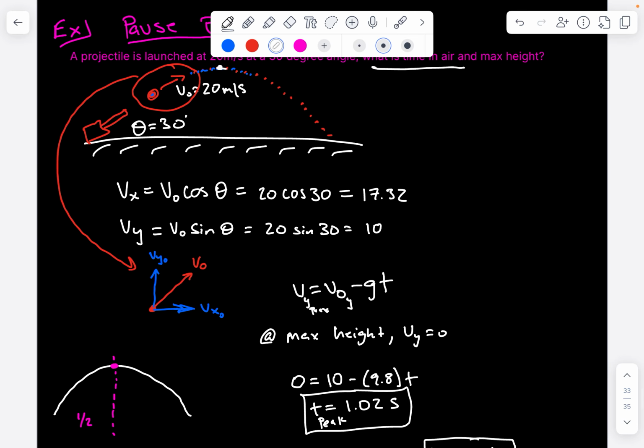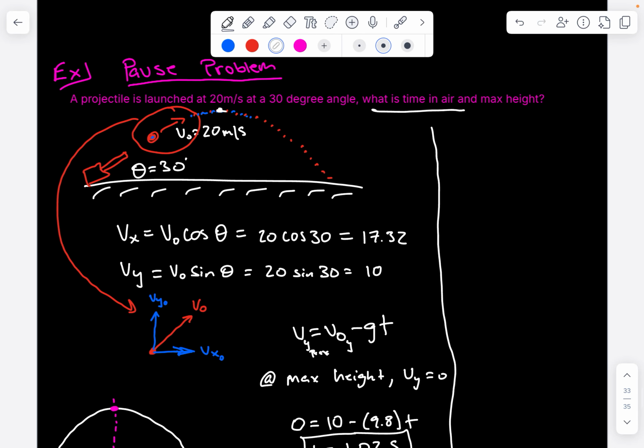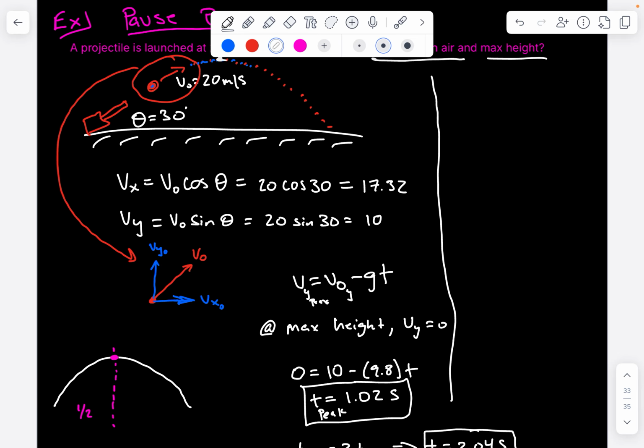So I'm going to write it up here just so we can still see the visual. For max height now, we're going to use the time that it takes to get to the max height.